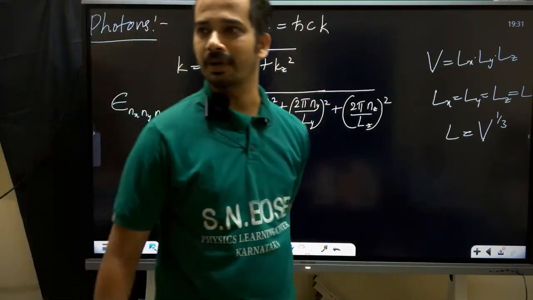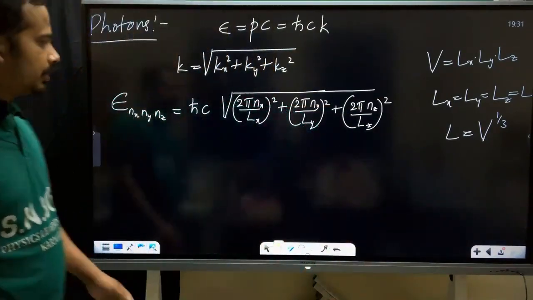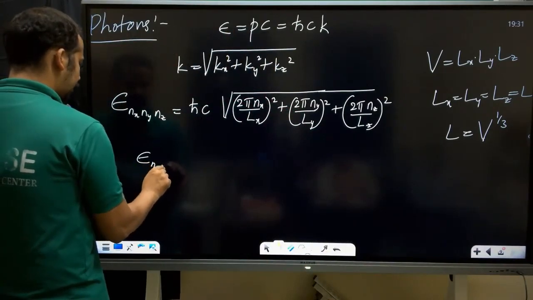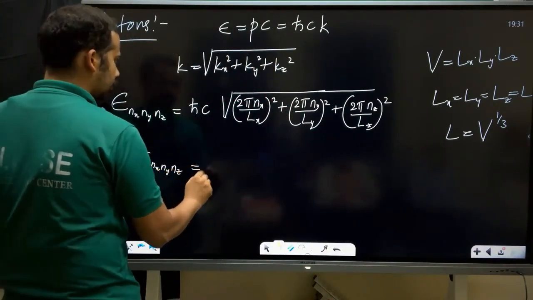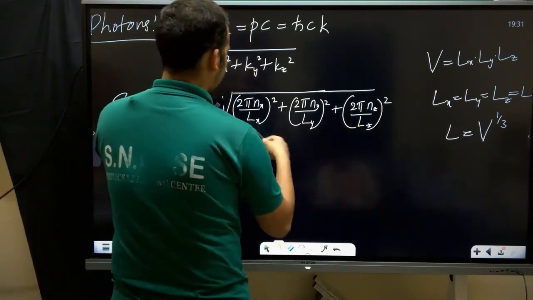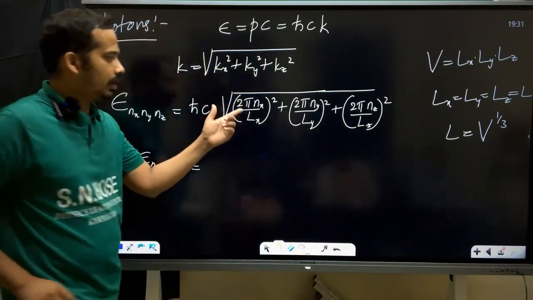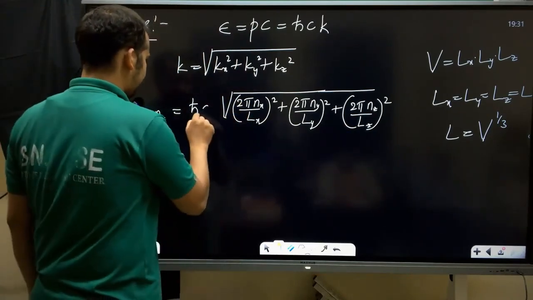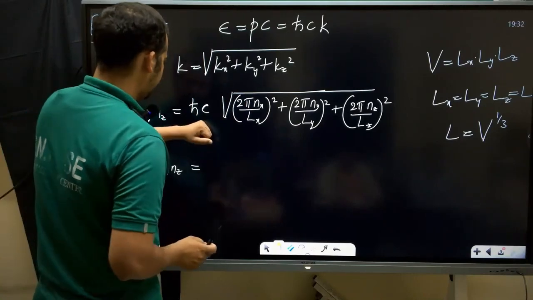Size of the box doesn't matter then, isn't it, when you make it per unit volume? So that's why E(nx, ny, nz) is equal to, L square under root, am I right? 1 by L will come outside.